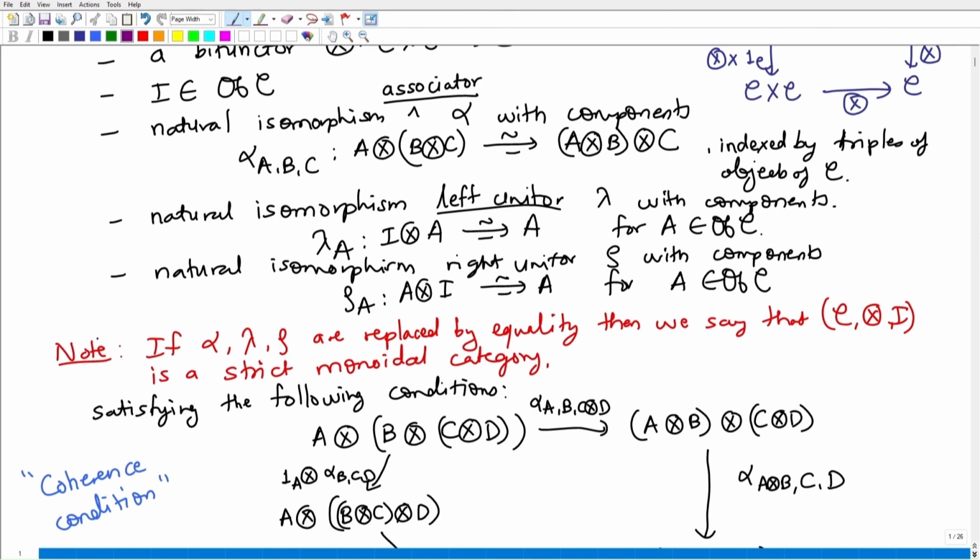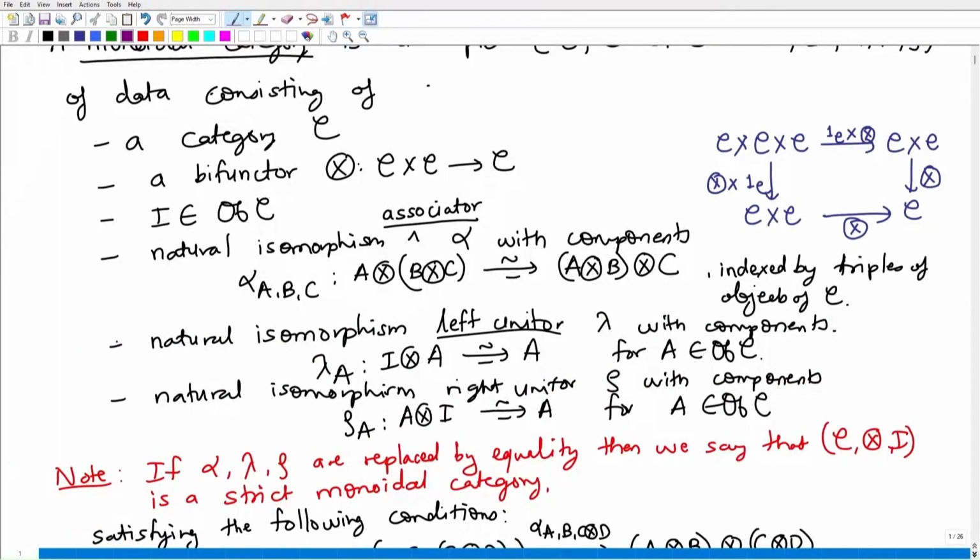So that is the component of this. And such component isomorphisms will constitute one natural isomorphism as shown in that diagram. So alpha here was, just to complete, from this composition to this composition, right?